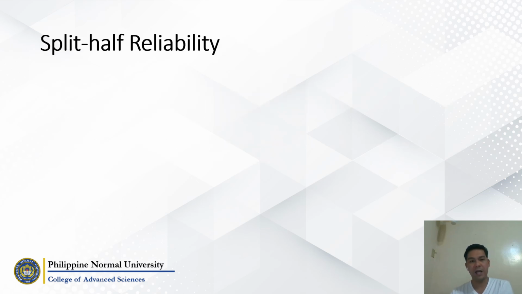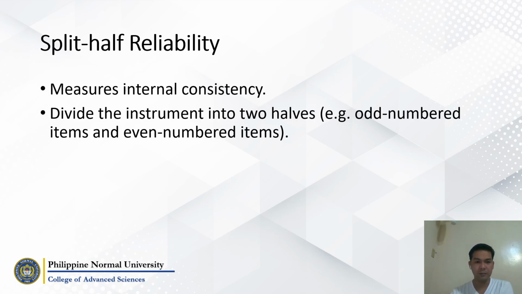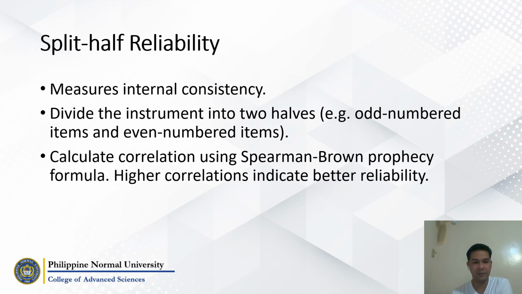We also have the split-half reliability, which also measures internal consistency. You divide the instrument into two halves, for example odd-numbered items and even-numbered items. Then you calculate the correlation using the Spearman-Brown prophecy formula, and higher correlations indicate better reliability.